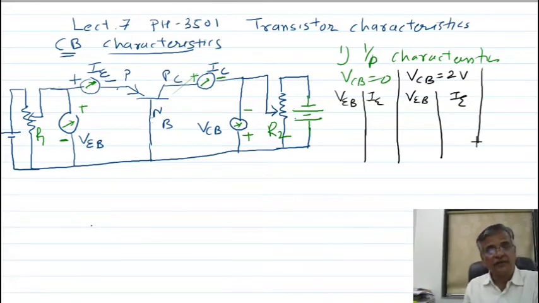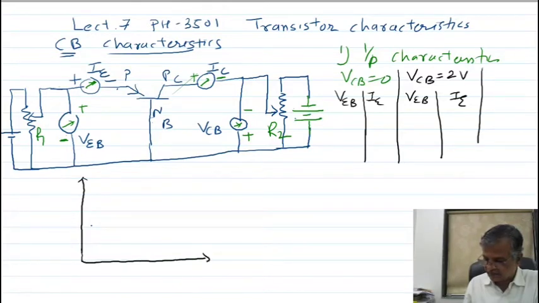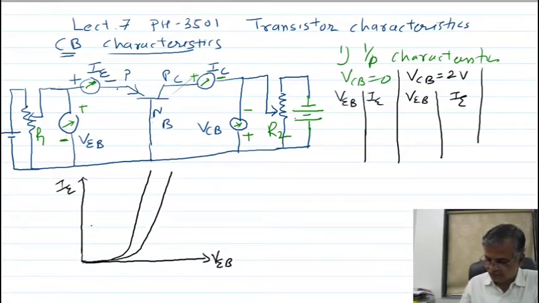The graph of emitter current versus emitter base voltage is shown in the figure. This is the graph I am showing you.